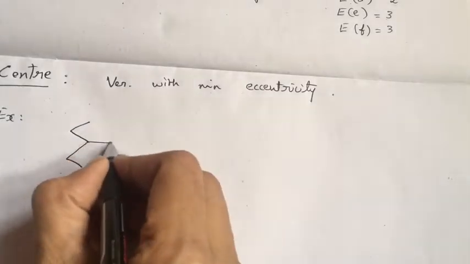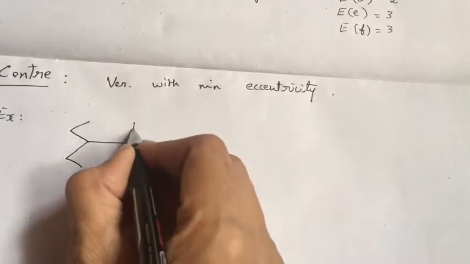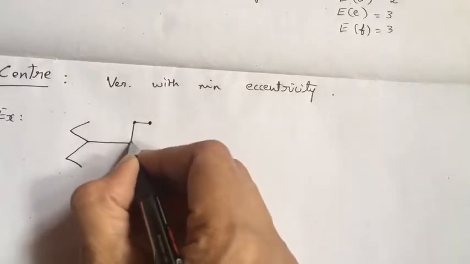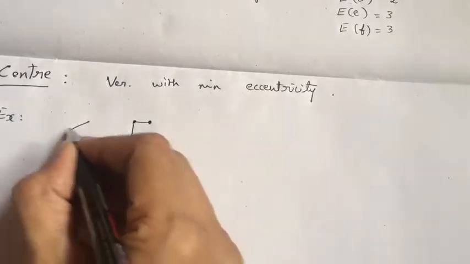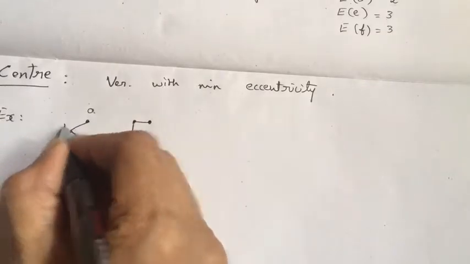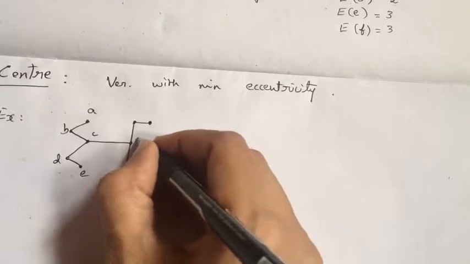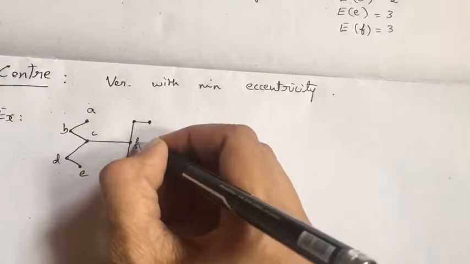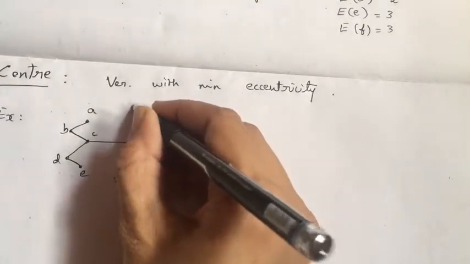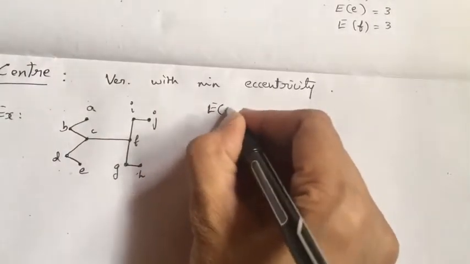Of course, I'm going to take a tree. Yeah, this is my tree now, with vertices A, B, C, D, E, F, G, H, I, J. Now I'll just list out the eccentricities.